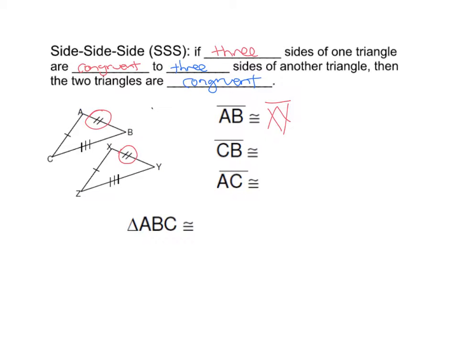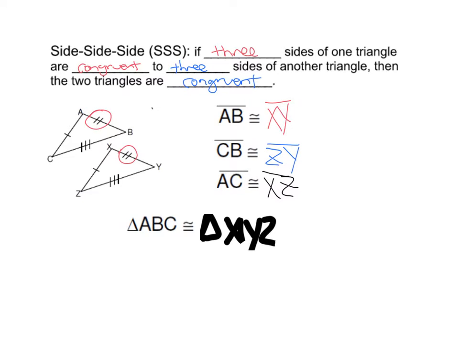Line segment CB is congruent to line segment ZY, and AC is congruent to XZ. Because all three sides are congruent to each other, we can write our triangle congruency statement as triangle ABC is congruent to triangle XYZ.